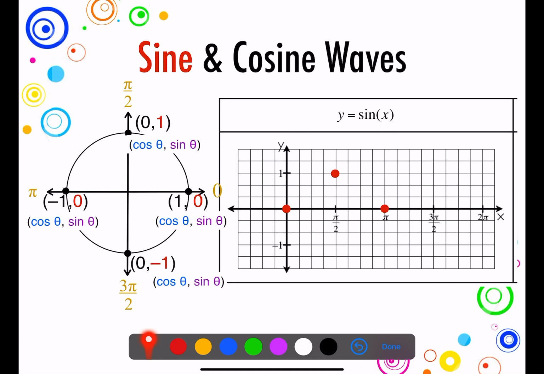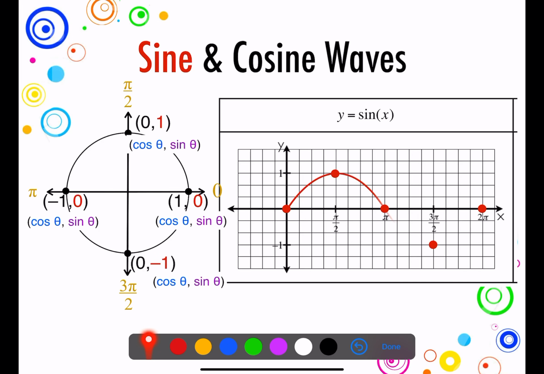And that's what you see on the coordinate plane here. If I'm at 3 pi over 2, my y value is negative 1. Okay, and if I'm at 2 pi, which I kind of skipped over, 2 pi is the same as 360, so I'm back at 0.